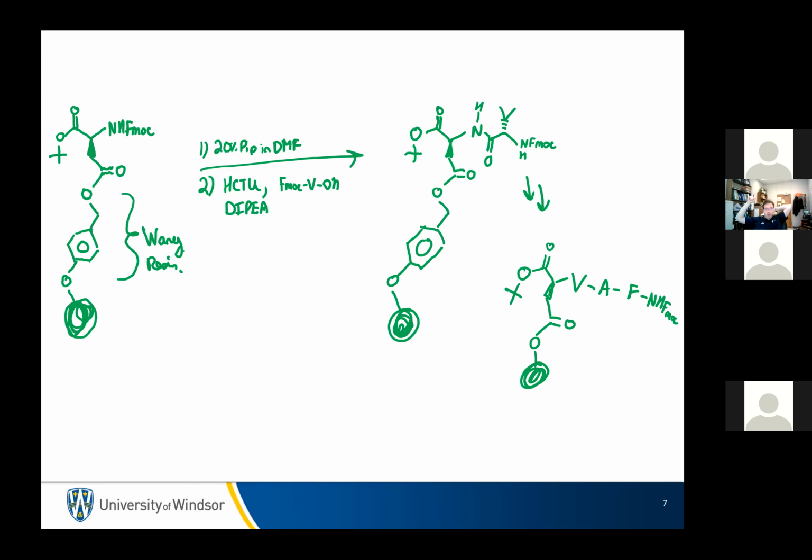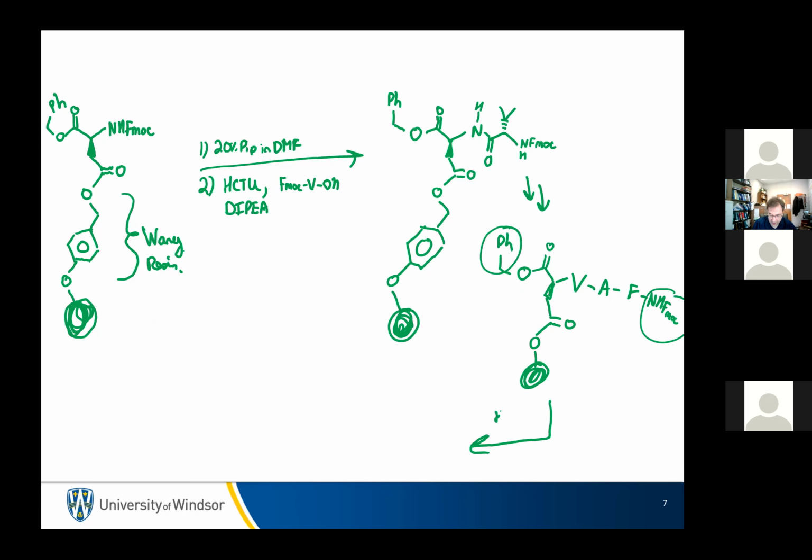I shouldn't have used Wang resin on this, or I shouldn't have used a tert-butyl group because I want to selectively deprotect it. Sorry, I'm going to switch to a benzyl group. And the reason is that I can now deprotect this and this.